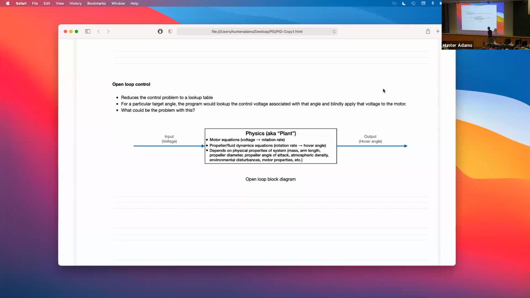But as we've talked about, for some systems this makes sense. If you're in a highly controlled environment where the environment is unchanging and the system is built in such a way that its properties aren't going to change over time, then perhaps something like open loop control makes sense.